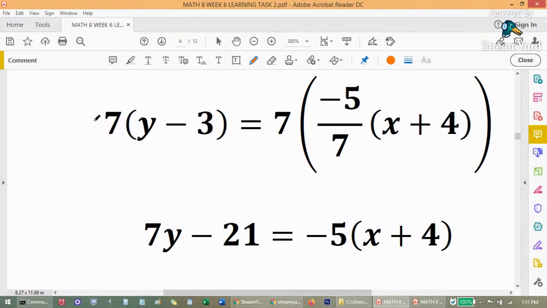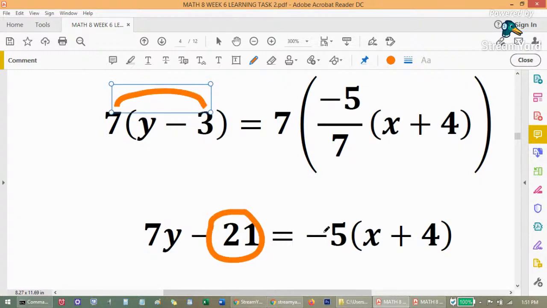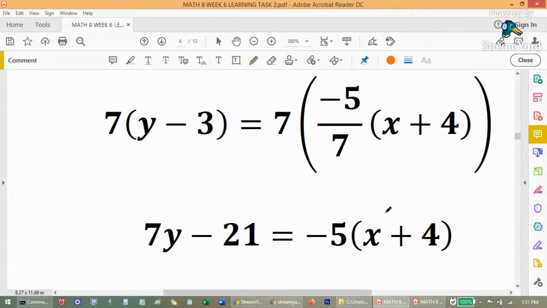Pag walang sign is positive. So, positive times negative is negative, no? Magkaiba sila ng sign. This is positive, this is negative. So, positive times negative is equal to negative. Pag magkaiba ang sign equals to negative. And then 7 times 3 is 21.